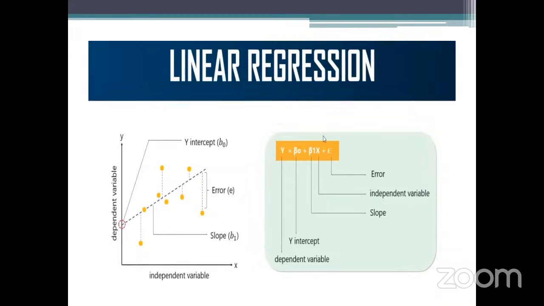Now, B1 or beta one is the slope of this line. The slope can be either negative or positive, depending on the relationship between the dependent and independent variable. The next variable that we have is x. X here represents the independent variable that is used to predict our resulting output variable. Basically, x is used to predict the values of y.